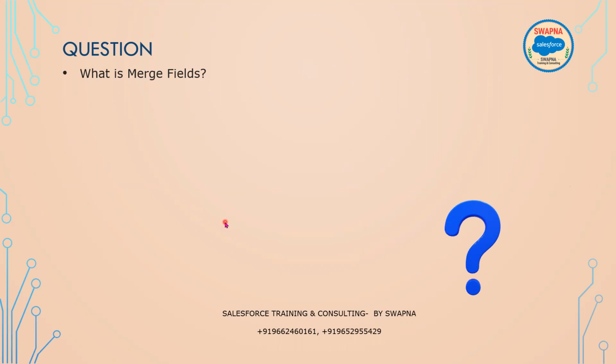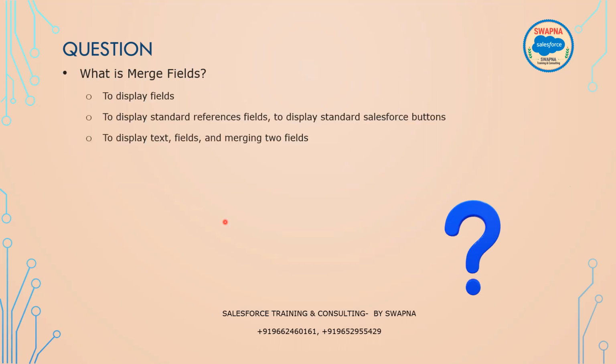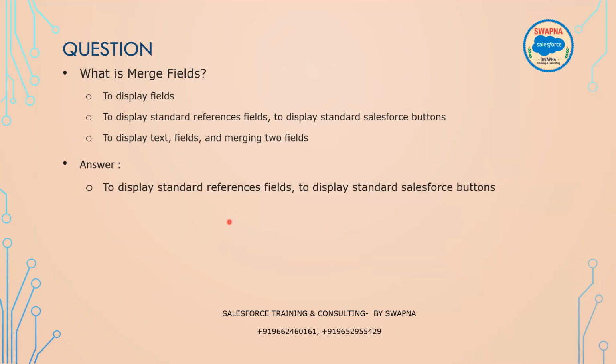They give standard fields or standard values from the different object fields. Right. Now these are the options. Which one? Second one. Yes, to display the standard fields or to display the standard Salesforce button.